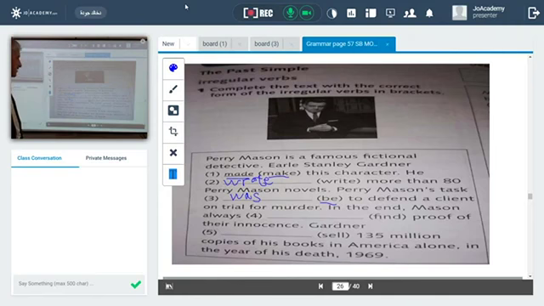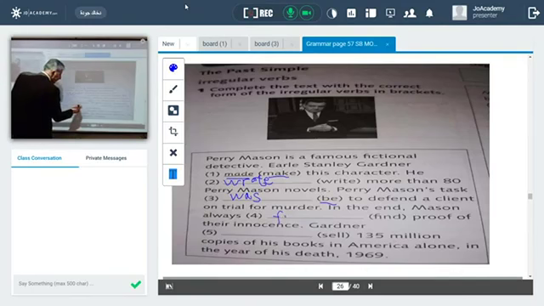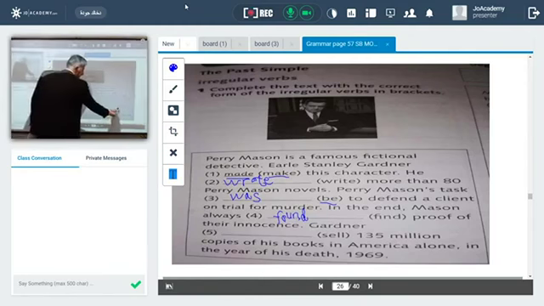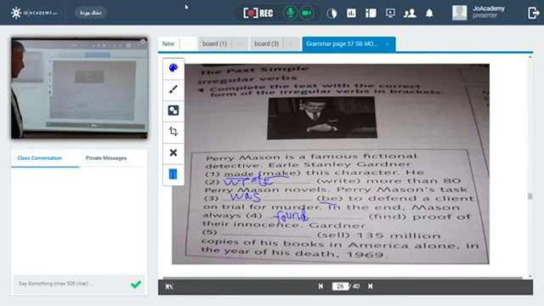In the end, Mason always found, okay. The past of find is found. Found proof. Proof means dalil. The word proof here means what? It means dalil. Proof of their innocence. He found the proof of their innocence.